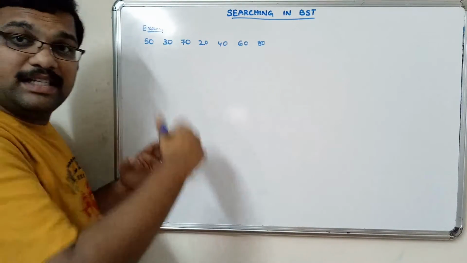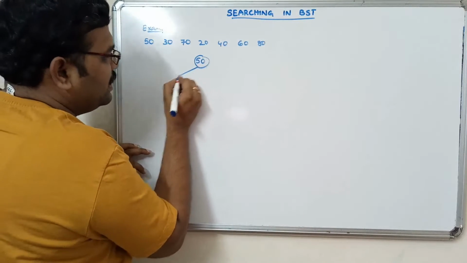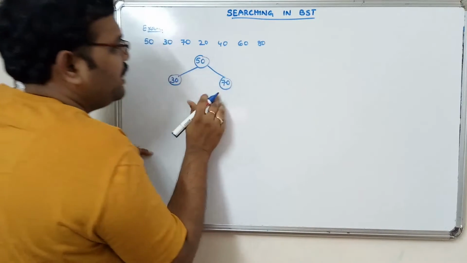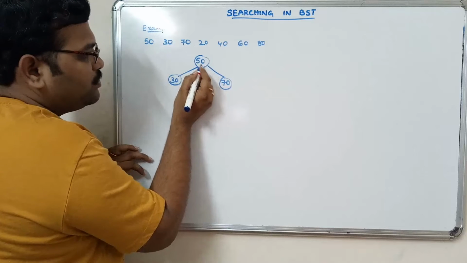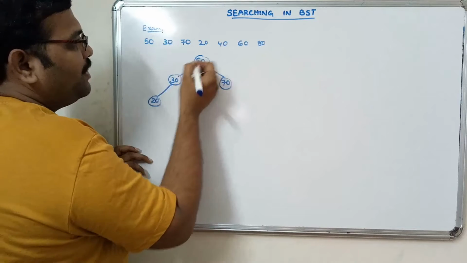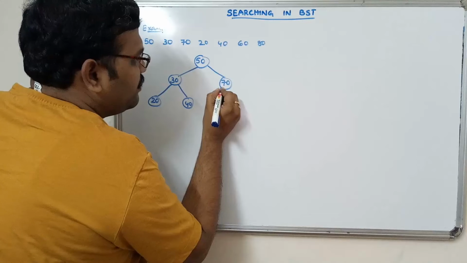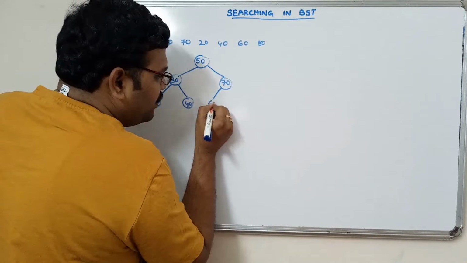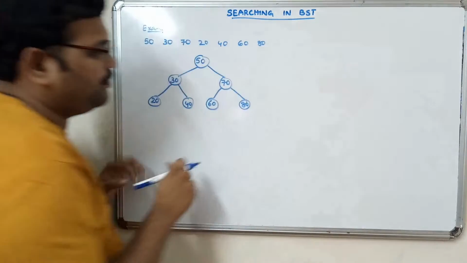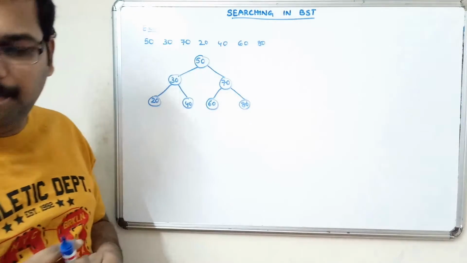First let us construct the binary search tree from these elements. 50 is the root node, 30 is less than 50, so it goes on the left hand side, 70 is greater than 50, so it is on the right hand side. 20 is less than 50, so left hand side, and 20 is again less than 30, so left hand side. 40 is greater than 30 and less than 50. 60 is greater than 50 and less than 70. 80 is greater than 50 and greater than 70. Right? So this is the binary search tree for the given example.